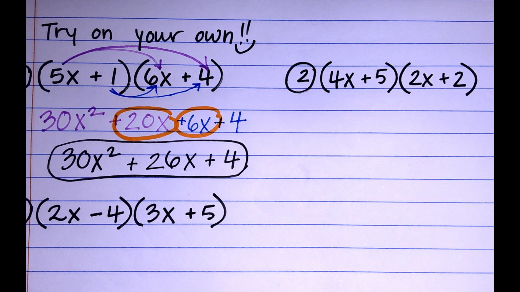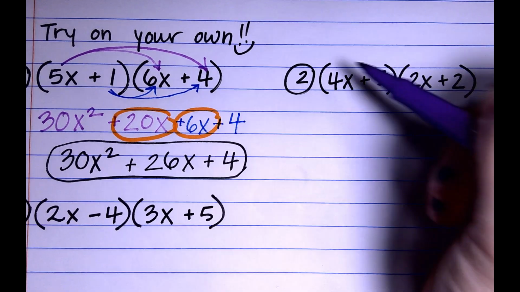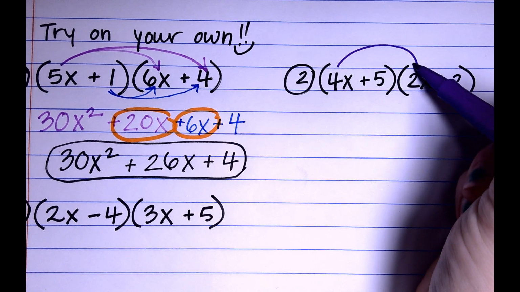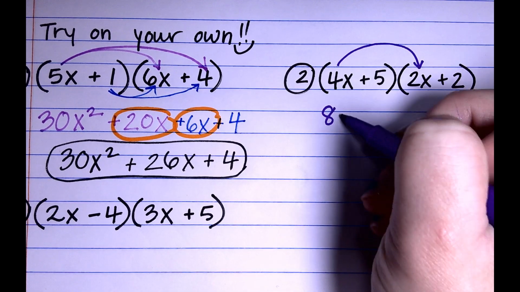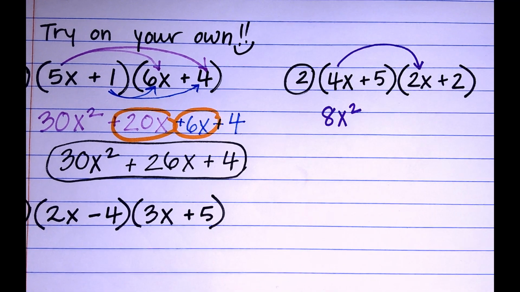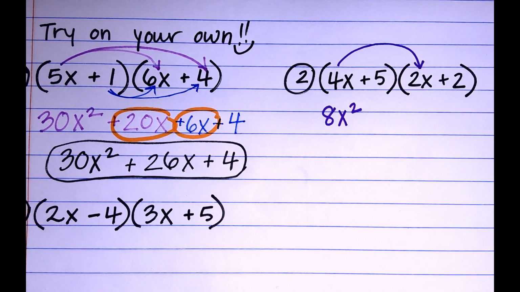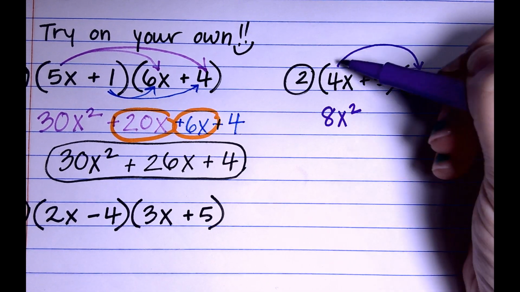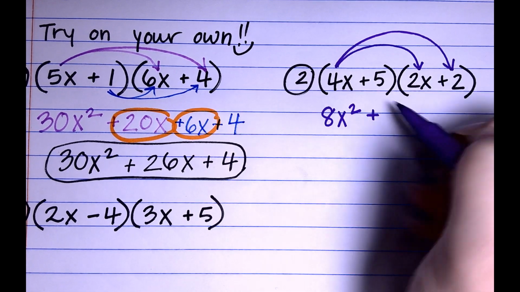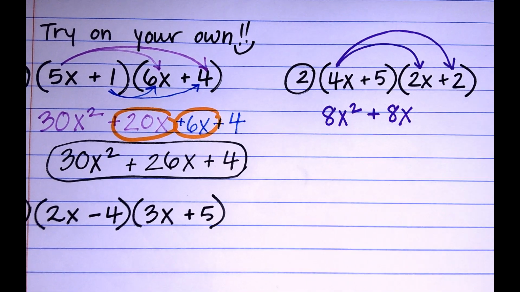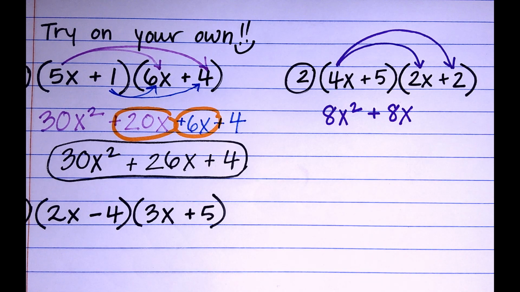Okay. Let's look at number 2. What should I do first? 4x times 2x, which gives me 8x squared. Then what? 4x times 2, 8x. Okay.